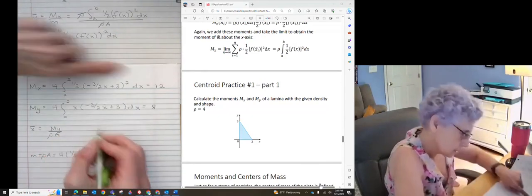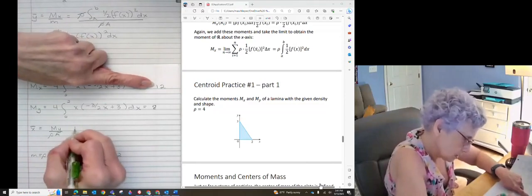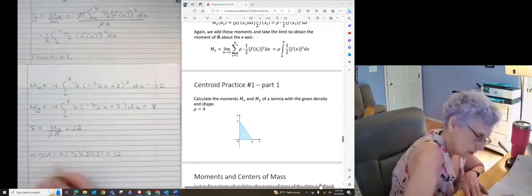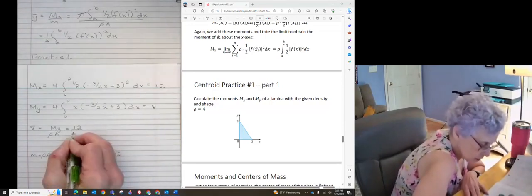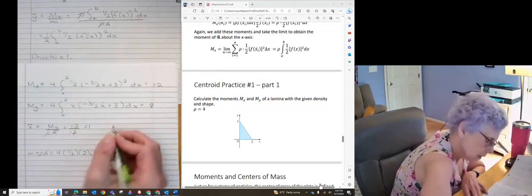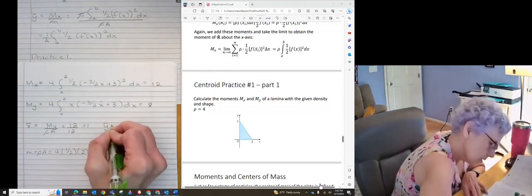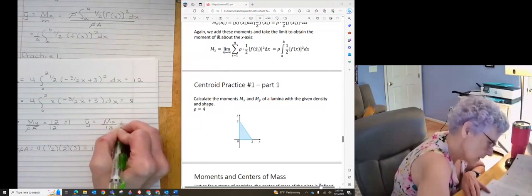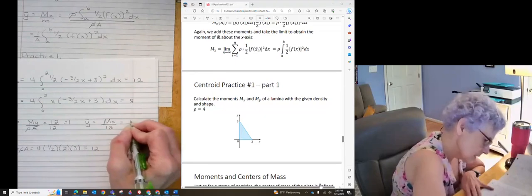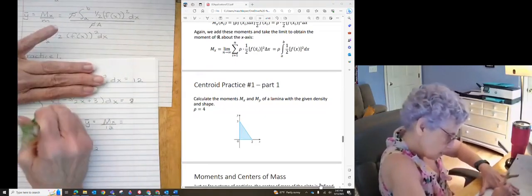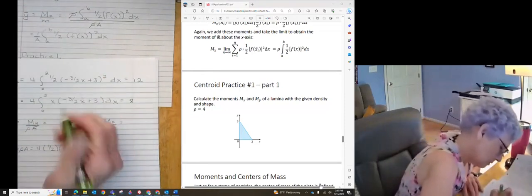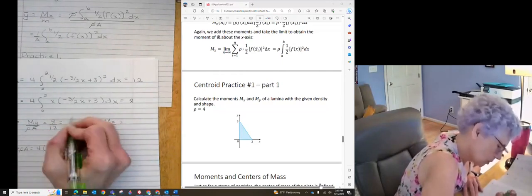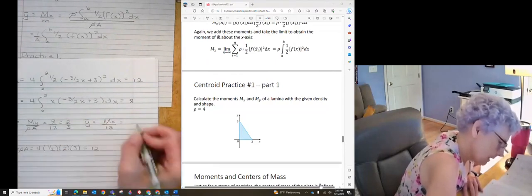So x bar is m sub y, which is 8 over 12, which would be 2/3.